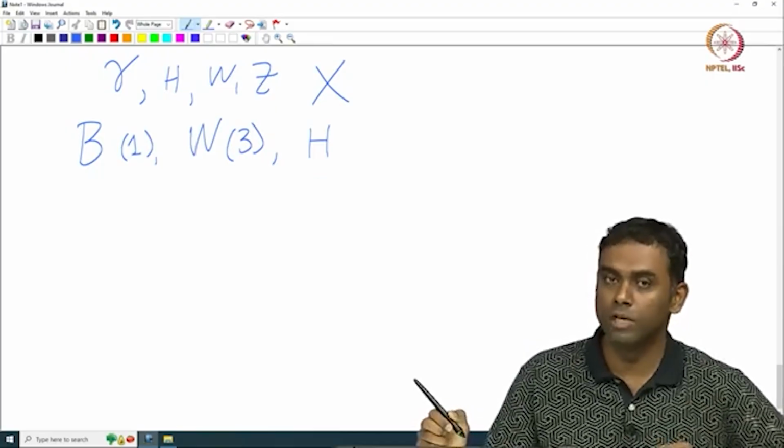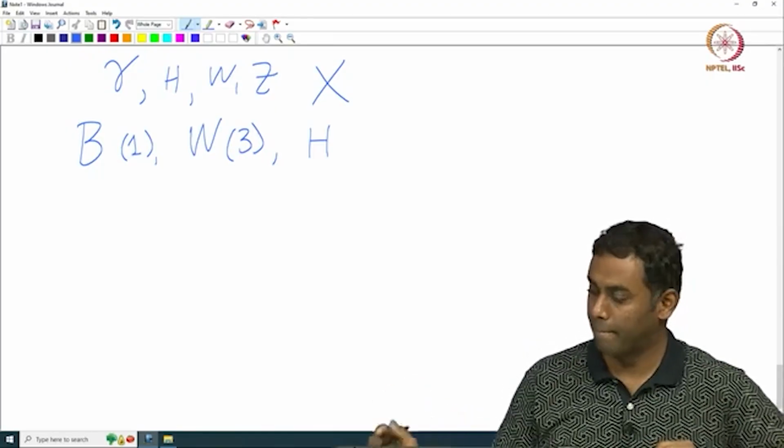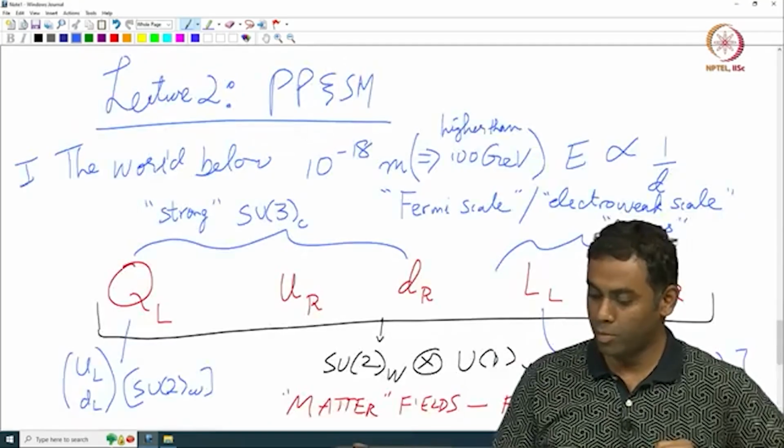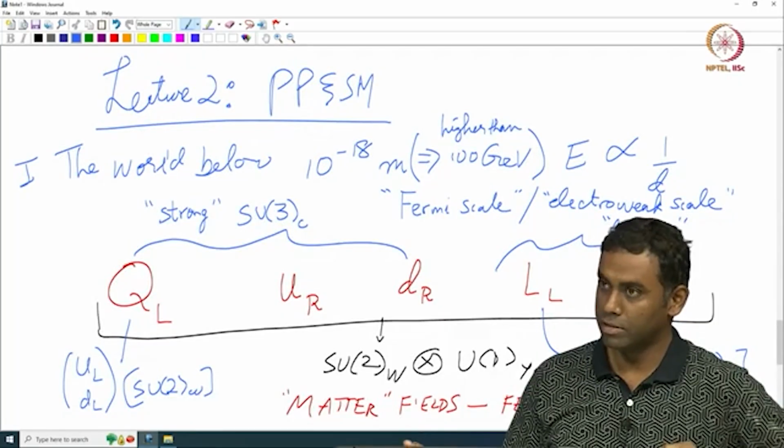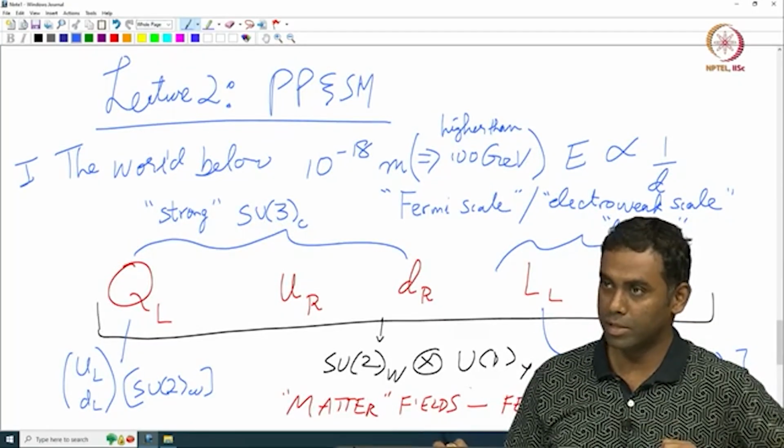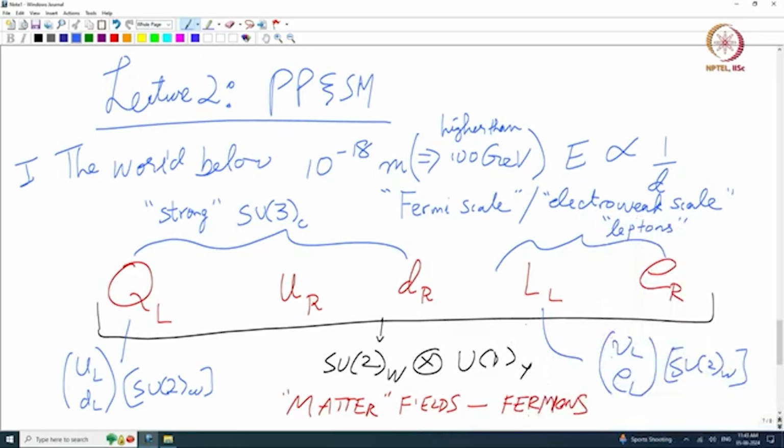What other bosons do we have? Let's go back here. So we've accounted for some of these, right? So there's a gauge boson associated with U, that's the B. There's a gauge boson associated with the SU2, and that's the W. So you have 3 of those. What group are we missing here? SU3.